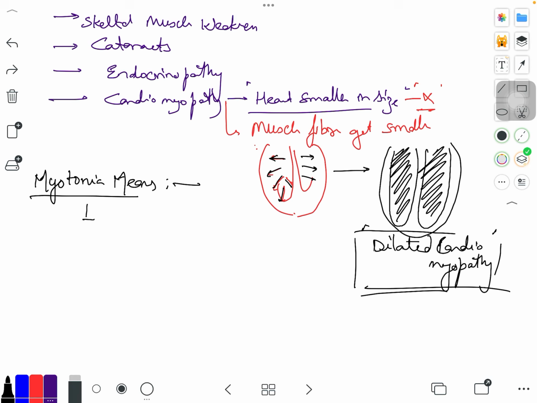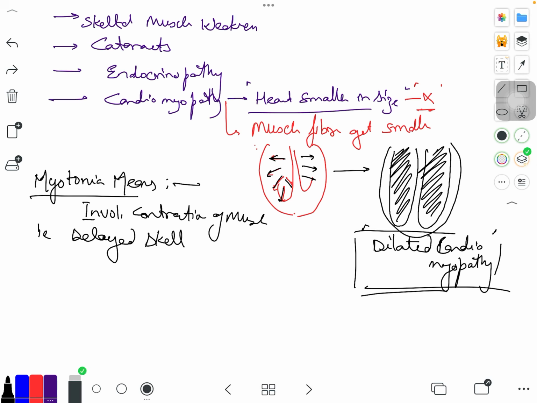However, it is involuntary contraction of muscle that is delayed skeletal muscle relaxation.